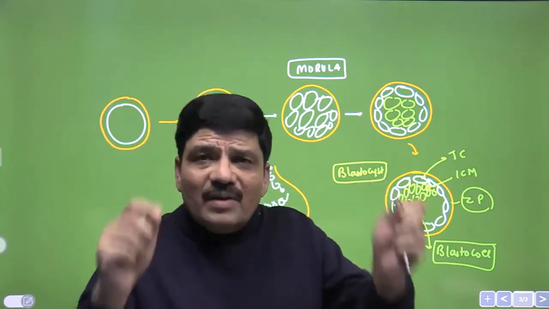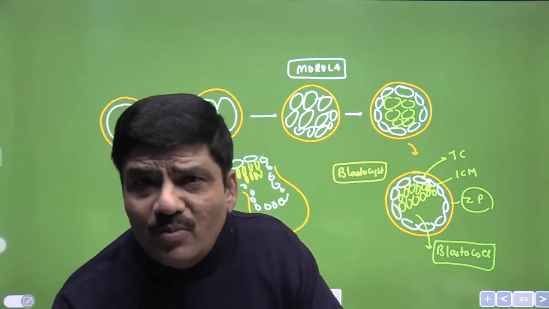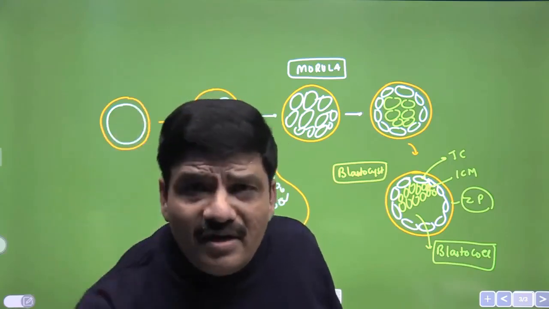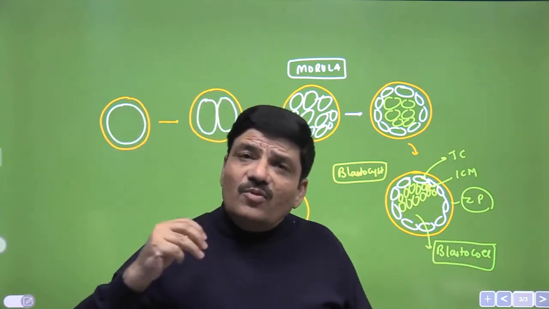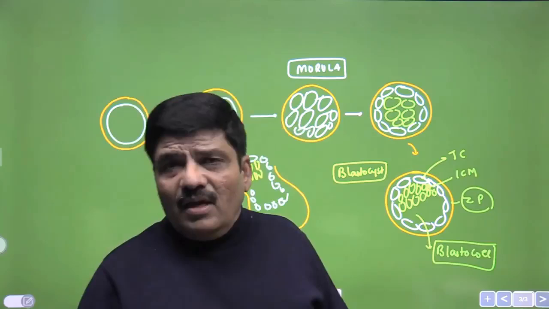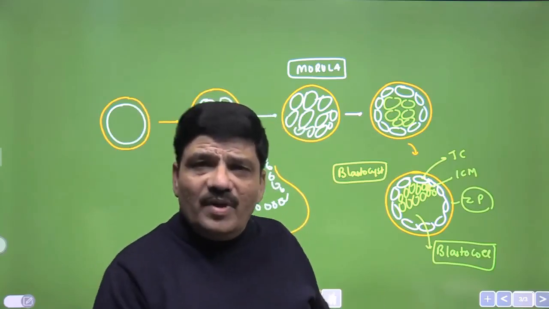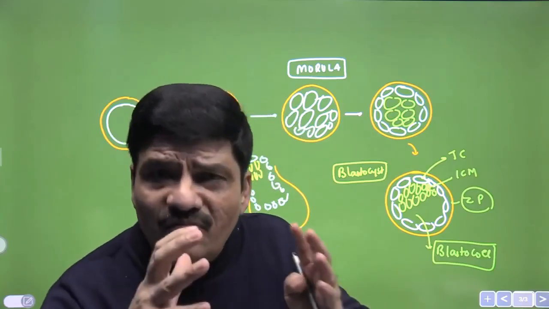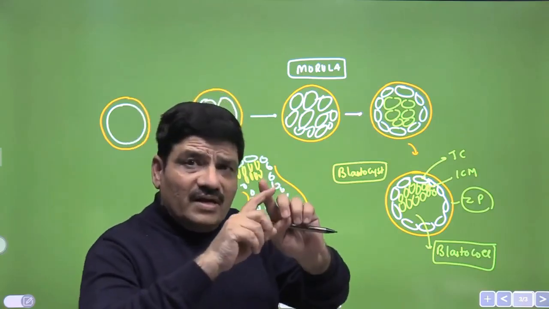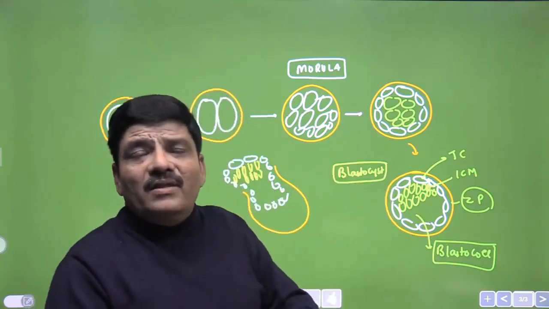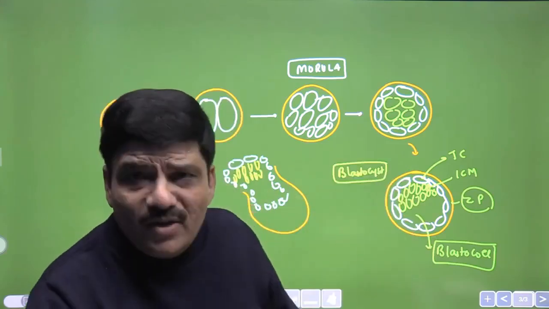Can you imagine what can happen if the zona pellucida goes in the fallopian tube itself? The thing will get implanted into the fallopian tube, and that would be called an ectopic pregnancy, and the most common site of ectopic pregnancy in human beings is the fallopian tube itself. This is another important role of the zona pellucida.